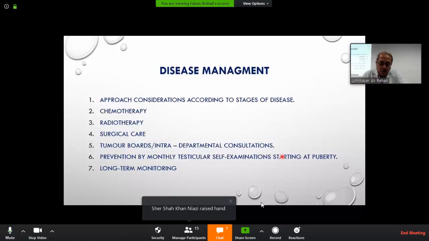Whenever we read something in the textbook, for instance, if you are operating upon a person who has a kidney cancer, don't fiddle about the kidney cancer, just go towards the vessel first, tie down the vessel, and then do the dissection of the kidney later.